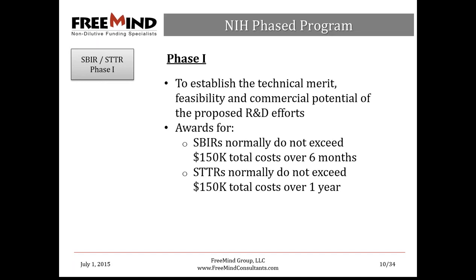For both SBIRs and STTRs for phase 1, the cap is $150,000. It's defined as a hard cap, but you can exceed that by 50%, so it's actually about $225,000. In the case of SBIRs, over 6 months, and in the case of STTRs, over 1 year. It's important to mention, by the way, that there are various other sources of SBIRs than what we will discuss.